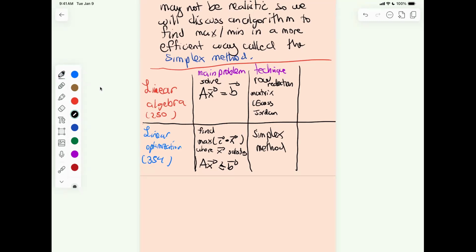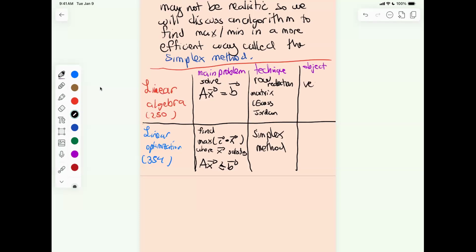Then the other thing that happens in linear algebra is that you're studying equations, and the main way to understand systems of equations is using vector spaces. So the object that this is related to in linear algebra is a vector space.